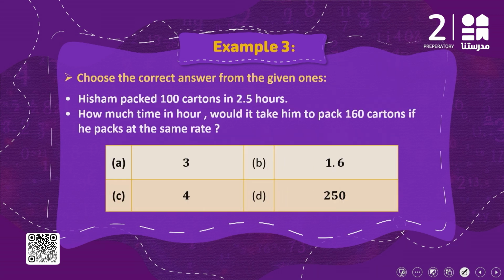Hashim packed 100 cartons in 2.5 hours. How much time in hours would it take him to pack 160 cartons if he packs at the same rate? So you have 2.5 hours for 100 cartons. This is equal to how many hours? That means H is unknown, and we have 160 cartons now.